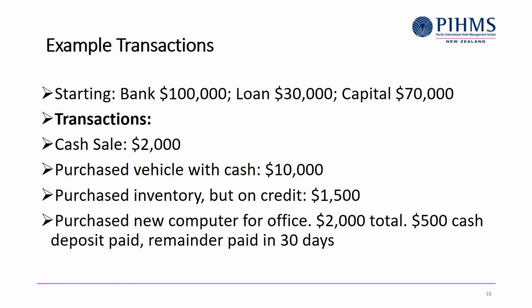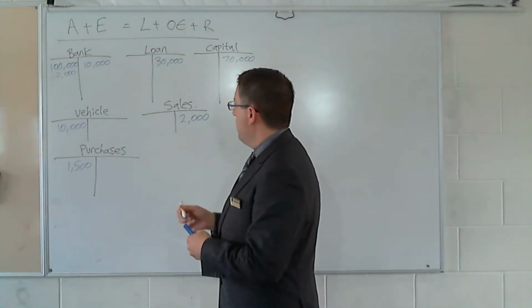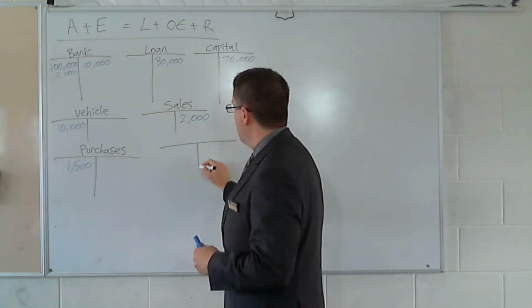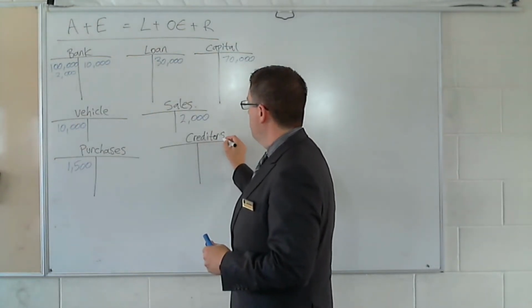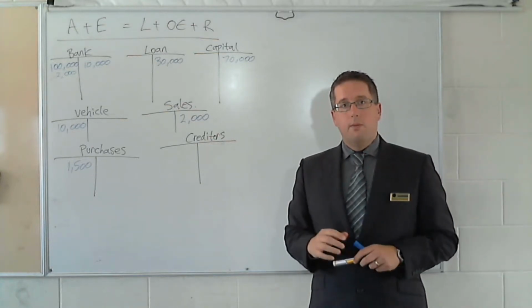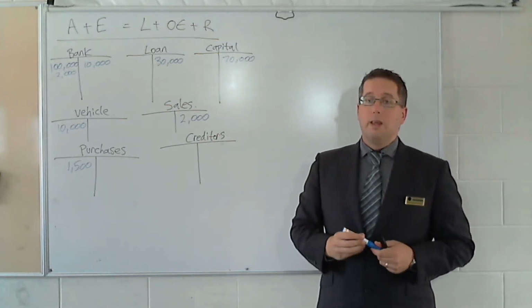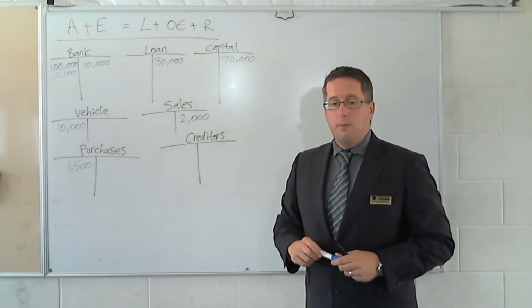Now we need to record that we actually owe someone some money on credit. So this is going to be a liability that we record. The name of that liability is creditors. So creditor is a supplier that has sold us something that we owe them money. So creditor is a liability.